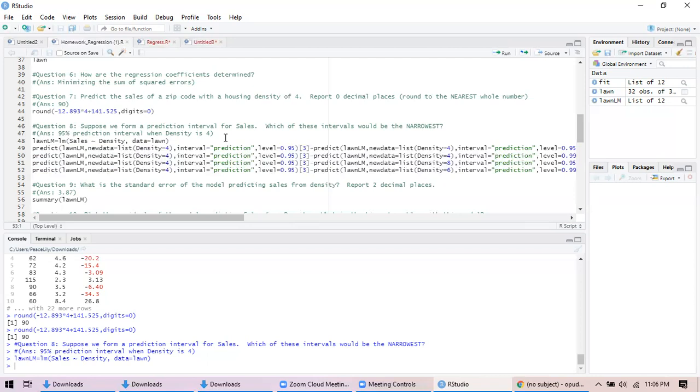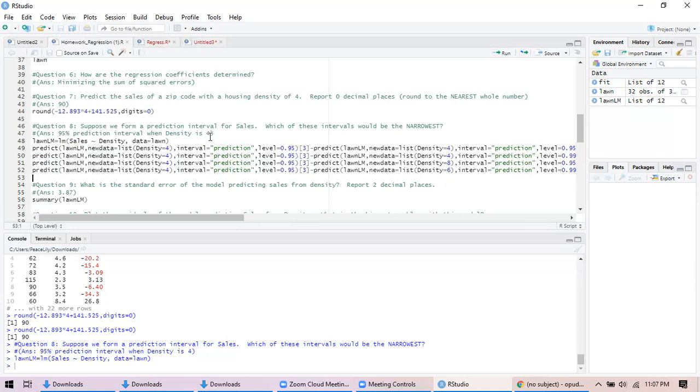The way you would code this in R is you have to get the linear regression first, right? You always do a linear regression. That's the first step. And then after you do the linear regression at line 48, you have to take a look at the prediction.